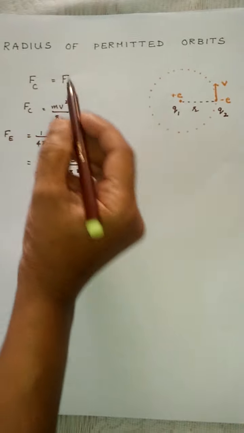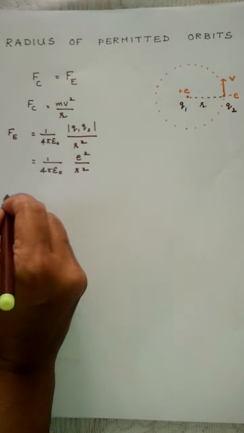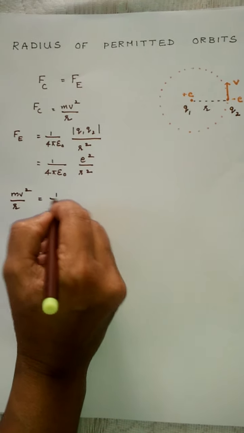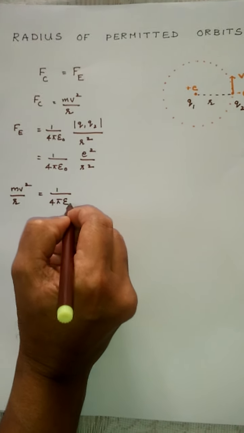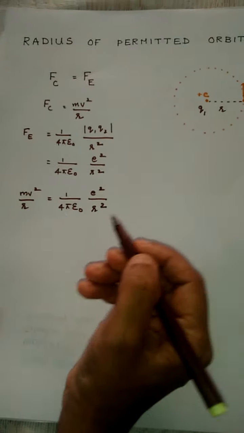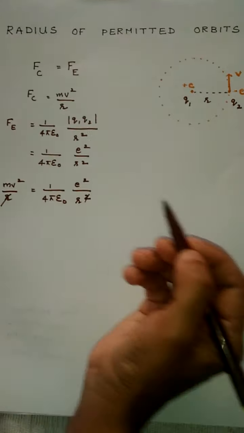So let us equate centripetal force and electrostatic force. So mv squared by r is equal to 1 by 4 pi epsilon 0 e square by r square. One r we can cancel.